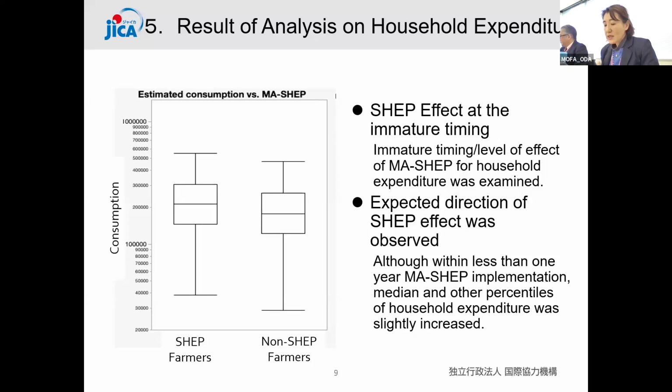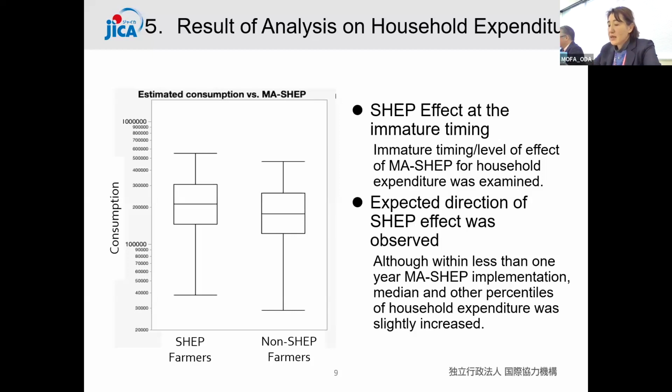It means the farmers who participate in the SHEP approach. And then the right side, non-SHEP farmers. It means the farmers who did not join the SHEP approach. Then you can see that for the SHEP farmers, the distribution of the amount is slightly higher than for the non-SHEP farmers.